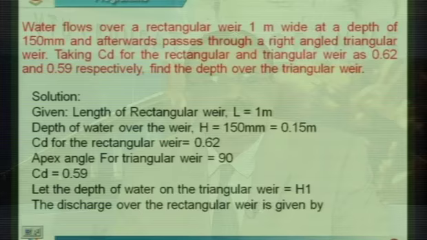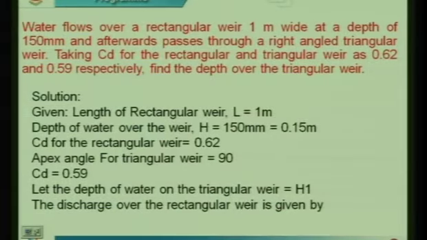If you go to your laboratory, you are going to see this type of setup. Water first passes through a rectangular notch, then it flows over a V notch. Kindly recall, CD we defined as actual discharge divided by theoretical discharge. In order to calculate the discharge, we make use of this V notch. I know the coefficient of discharge of the V notch.